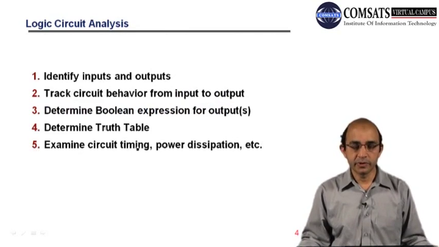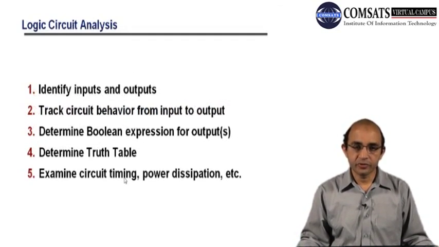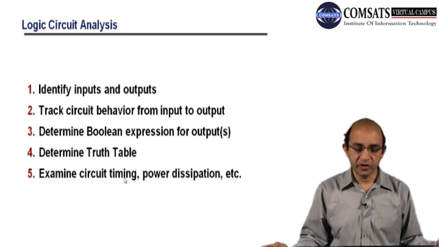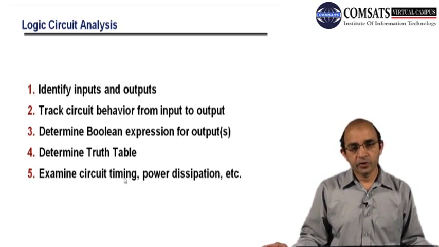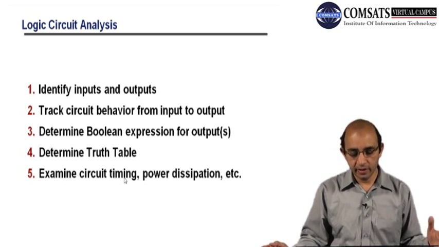These are the steps which we have to follow. First of all, you have to identify the number of inputs and the number of outputs. Then we need to track or analyze the behavior starting from the input, and we will end at the output.